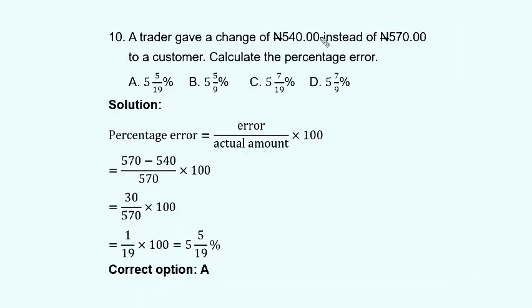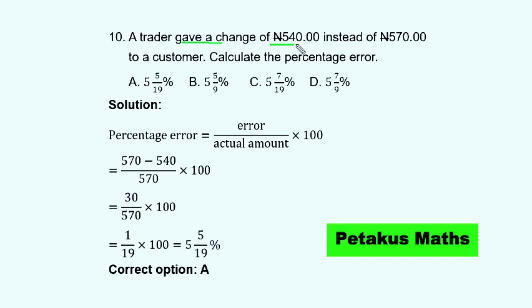Question 10. A trader gave a change of 540 naira instead of 570 naira to a customer. Calculate the percentage error.